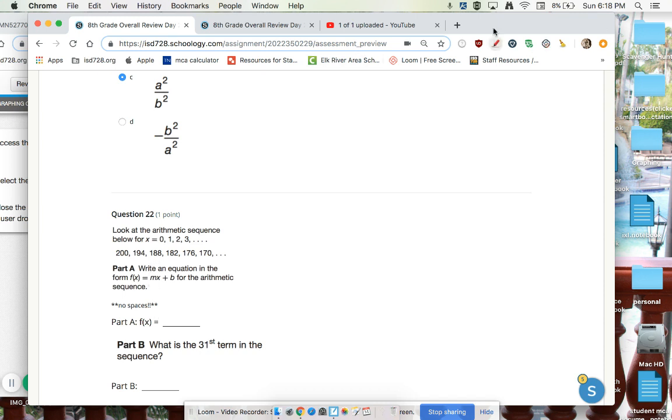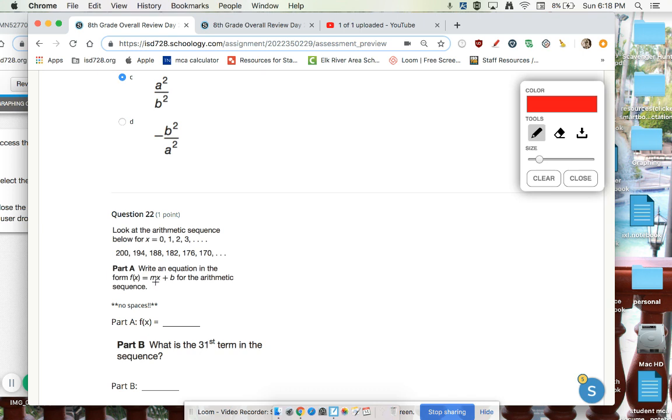The m is your constant rate of change, and the b is your initial amount where you start. So for your slope, I'm looking for my common difference here. It looks like I keep subtracting 6 from everything. Yep, I keep subtracting 6. So I know that it's going to be negative 6x.